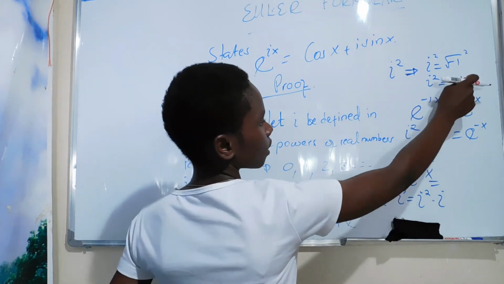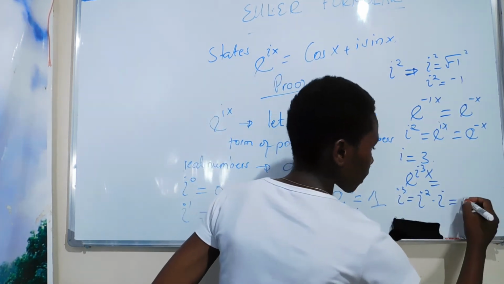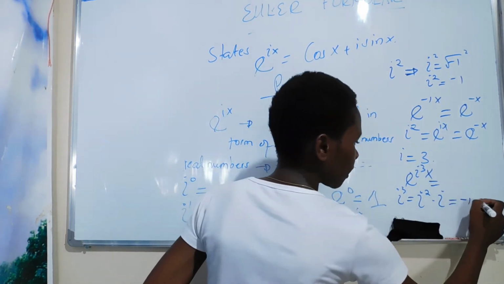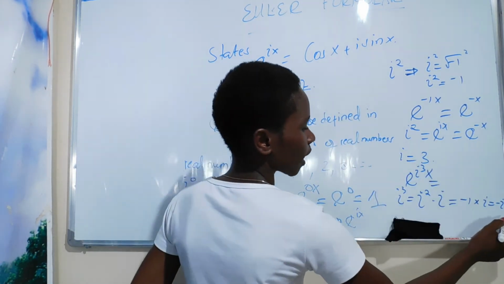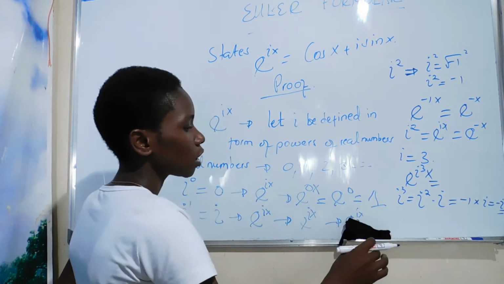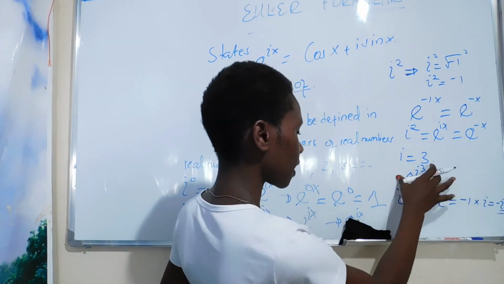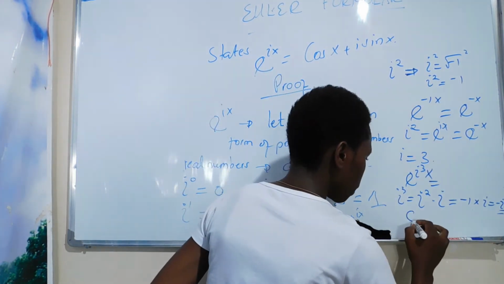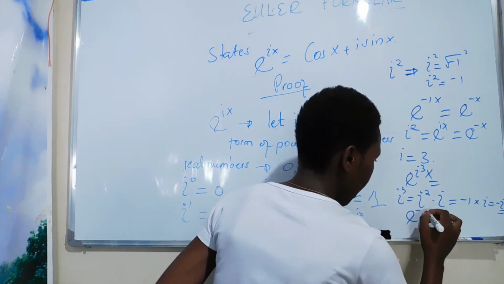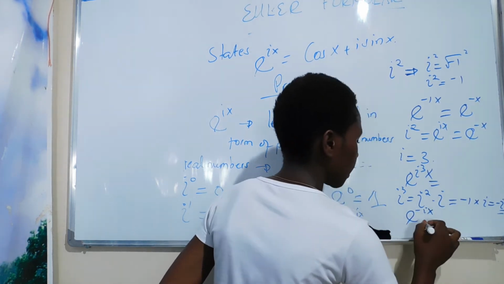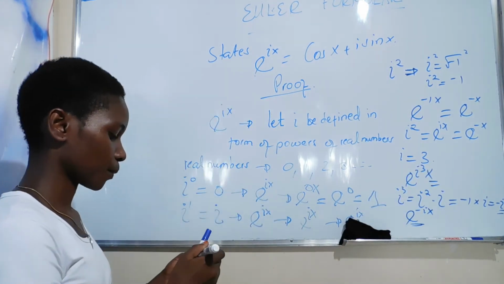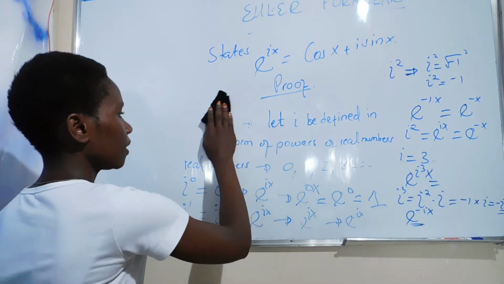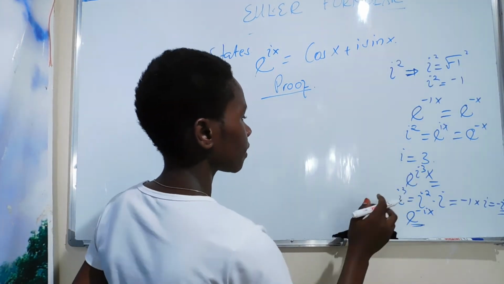I square it is -1. So kumbe I square it is -1 nikizidisha na I, so I'm going to get -I. So kumbe I power 3 jibu lake ni -I. So nikichukua -I, I'm going to plug to my equation of Euler which is E -ix. E ni substitution ya I is equal to 3.